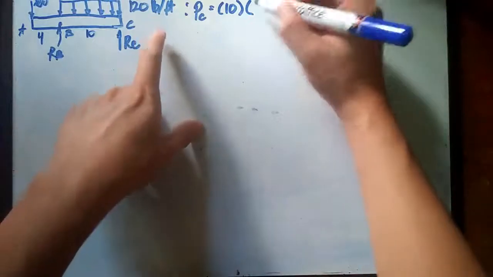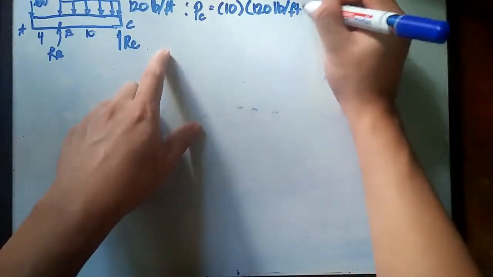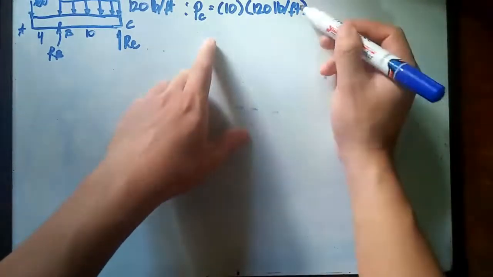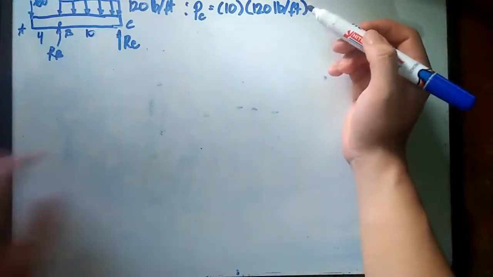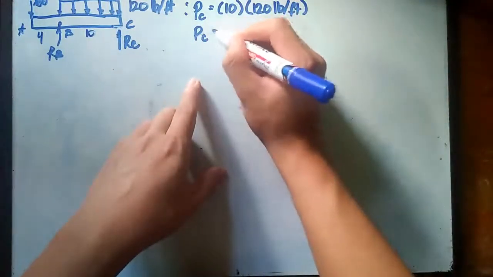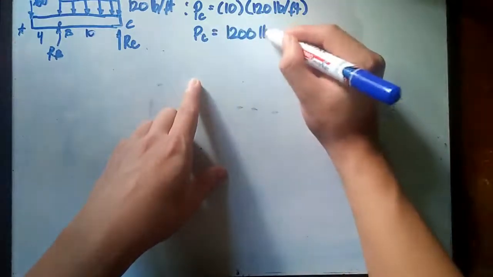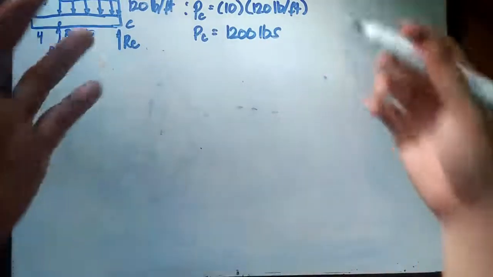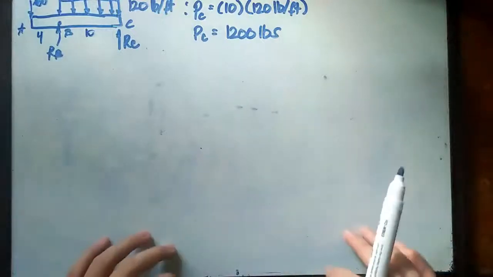That should be 120 pounds per foot. And don't forget that the unit for 10 is in feet, so you can simply cancel out the feet. The answer for P sub C is equivalent to 1,200 pounds.